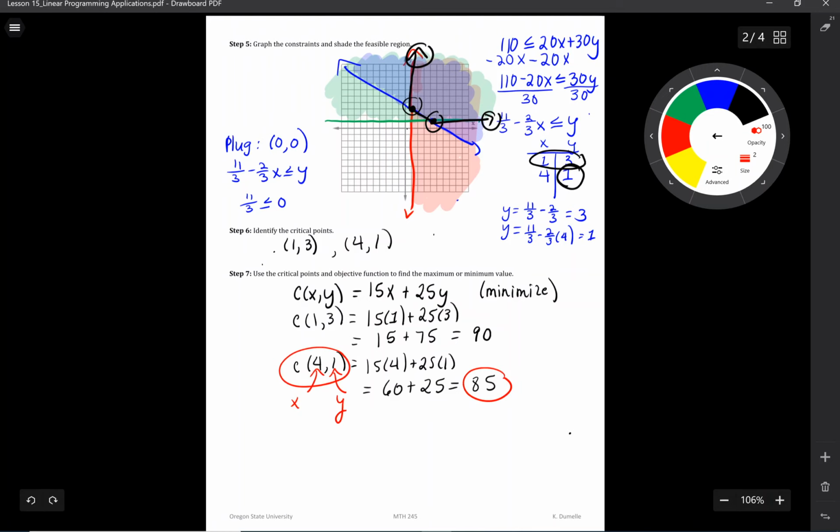So what does this mean? Well, this means that to minimize the grading cost, x was my number of hours that John works, so John should work 4 hours.